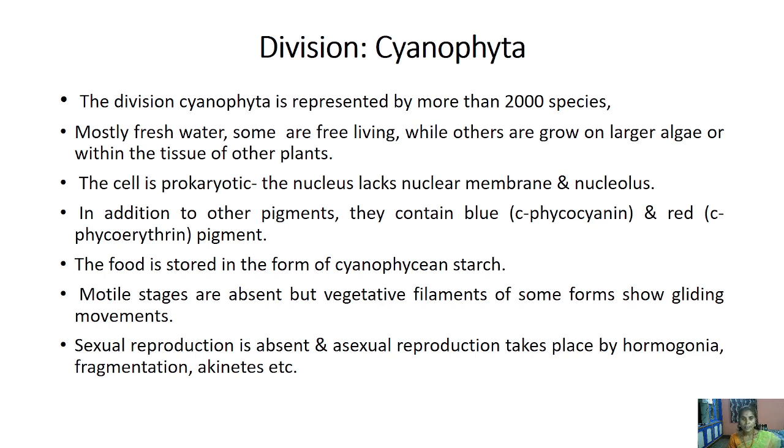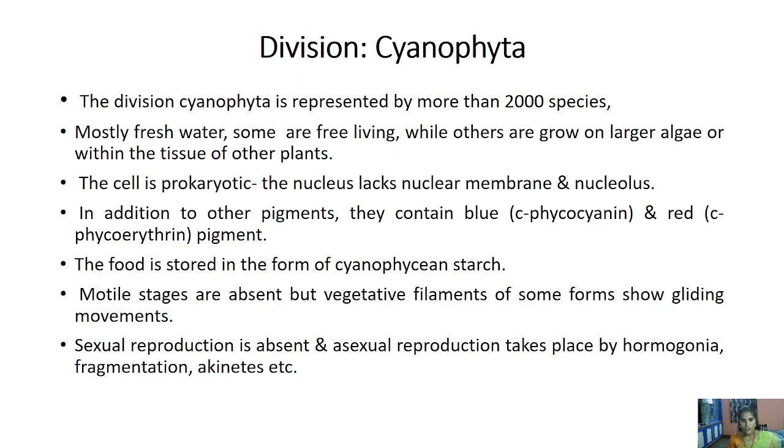In addition to other pigments, the cyanobacteria also contain blue phycocyanin and red phycoerythrin as two major pigments which impart the characteristic color to the organisms. As a result of photosynthesis, they store reserve food in the form of cyanophycean starch.